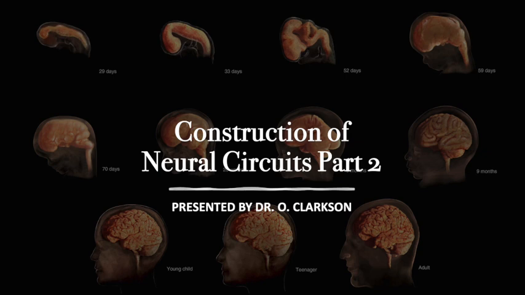Now, let's talk briefly about chemoaffinity. This is a theory developed by Dr. Sperry, so Sperry's chemoaffinity hypothesis. His idea is that positional labels are expressed in gradients across both the projection and target fields.